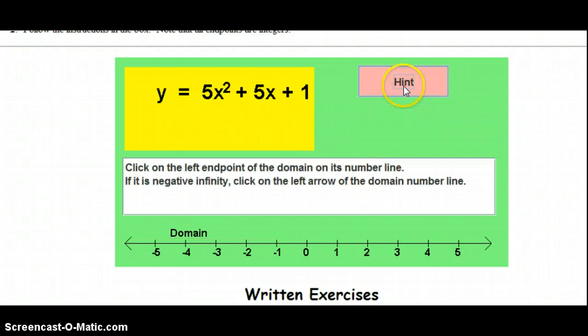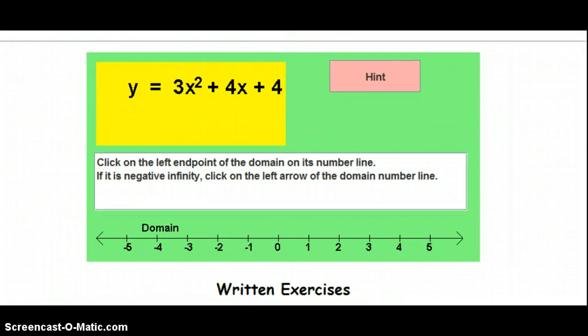So, new problem. y equals 5x squared plus 5x plus 1. With this type of problem, it'd just be a lot easier if you'd plug it into your calculator. I'm sorry, I'm not quite sure what's going on with this applet. It just honestly keeps on changing the equation. I wanted to show you guys a graph, but it just keeps on changing it for me.